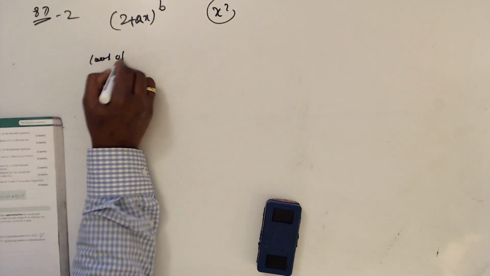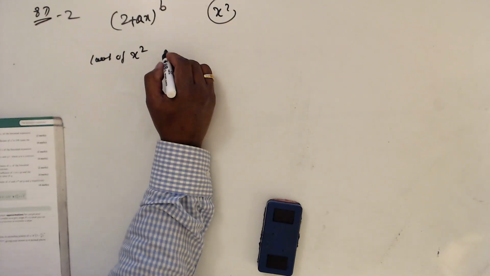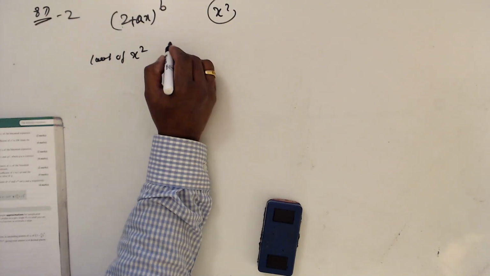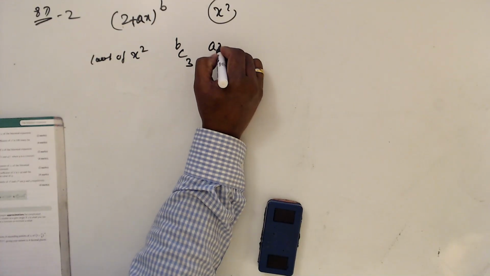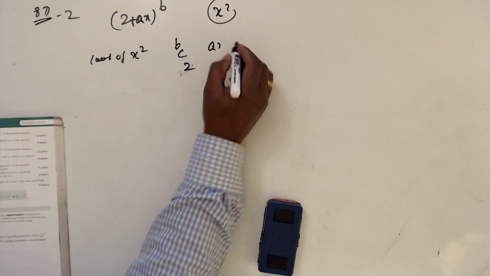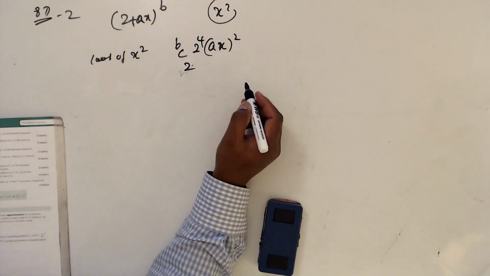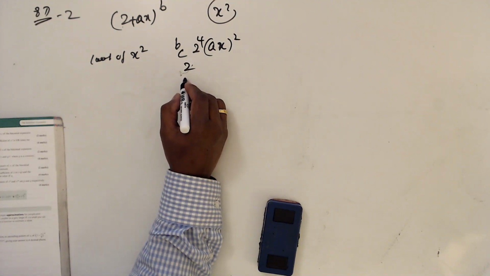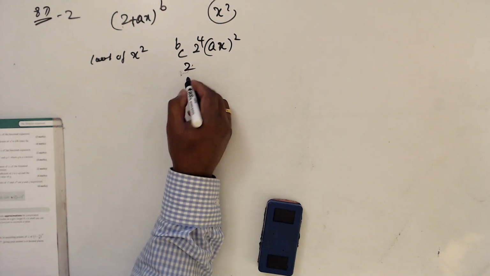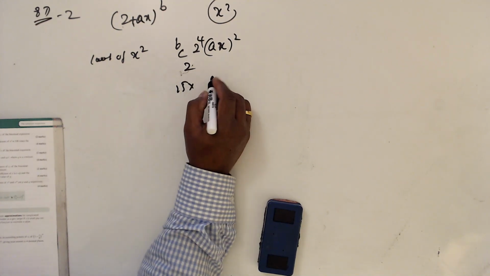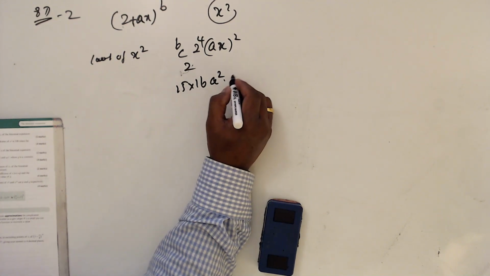So the coefficient of x squared, we'll find 6c2, ax squared, 2 to the 4. So 6c2 means 15 times 2 to the 4, which means 16 a squared x squared.